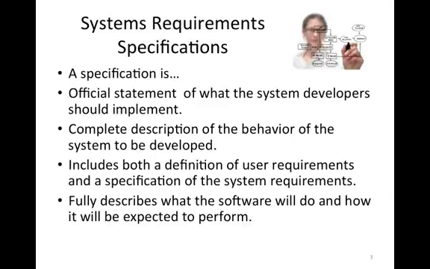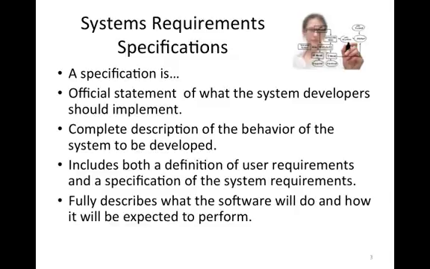A systems requirement specification is an official document, an official statement of what system should be developed. It should be a complete description of the behavior of the system. We want to be very clear and precise and complete in what we say that this new system needs to do.